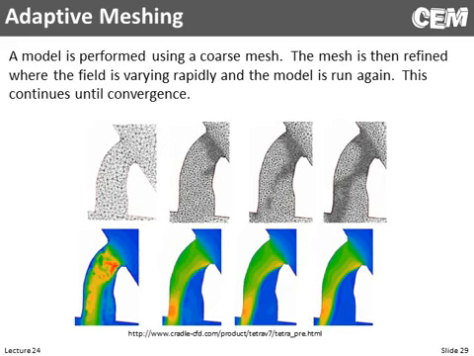You'd go back into the mesh, you'd refine it in those areas, and then run the simulation all over again. And then you look at where the function is varying very abruptly, and you refine the mesh there, and you iterate that several times. And at some point, this all converges, where even where the field's varying abruptly, you have a sufficient mesh to resolve all that. And so doing this, that's called an adaptive mesh. Most of your commercial solvers have this built in, and it's happening in the background whether you see it or not.